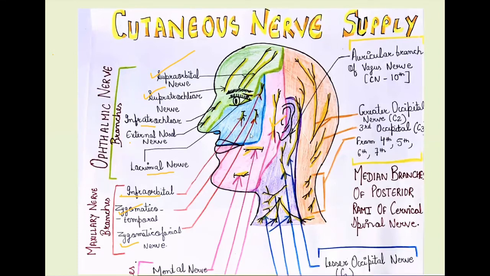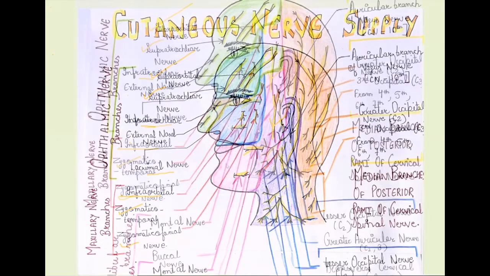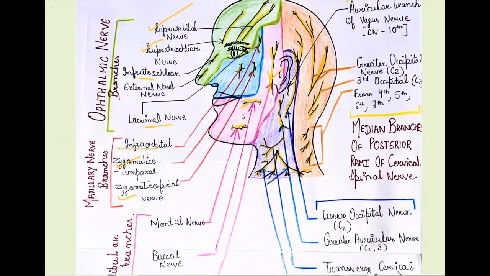Whereas this nerve is the buccal nerve, which gives the cutaneous innervation in this region. So this nerve coming out of this foramen is the mental nerve, which supplies the chin region. So this is the whole nerve supply in front of your auricle, which is supplied by the various branches of the fifth cranial nerve.